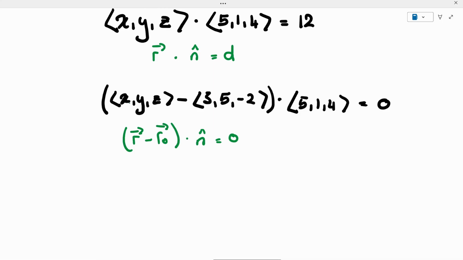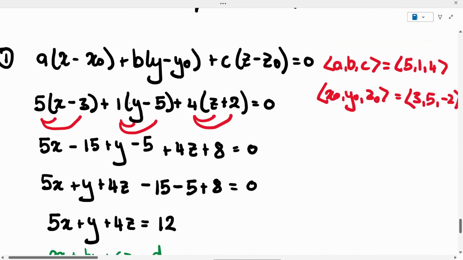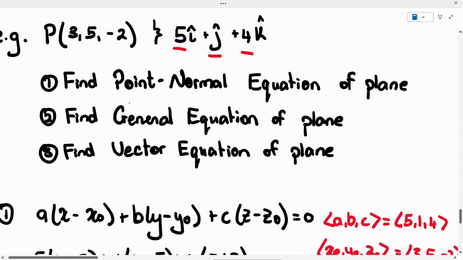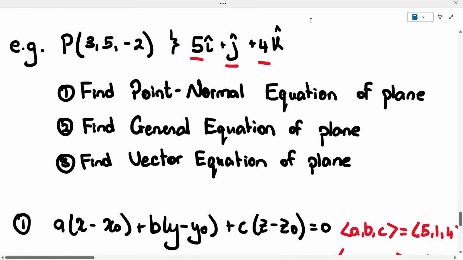We know three different forms of an equation for a line. Now remember, when we were finding the equation of a line, we could have done it with a point and a vector, or we could have done it with 2 points. So far, we've only been finding the equation of a plane with a point and a vector.